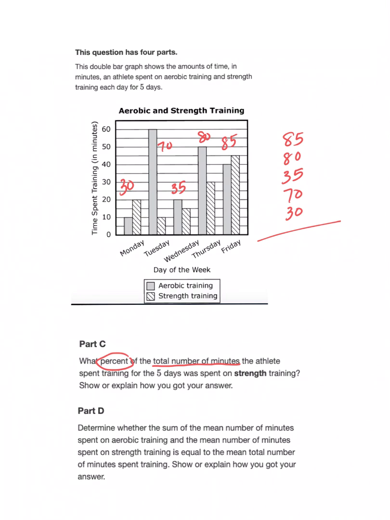So 5 plus 5 is 10, carry the 1. So this is 8, this is 1 plus 8 is 9, plus 8 is 17, plus 3 is 20, plus 7 is 27, plus 3 is 30. Okay, so there's a total of 300 minutes.